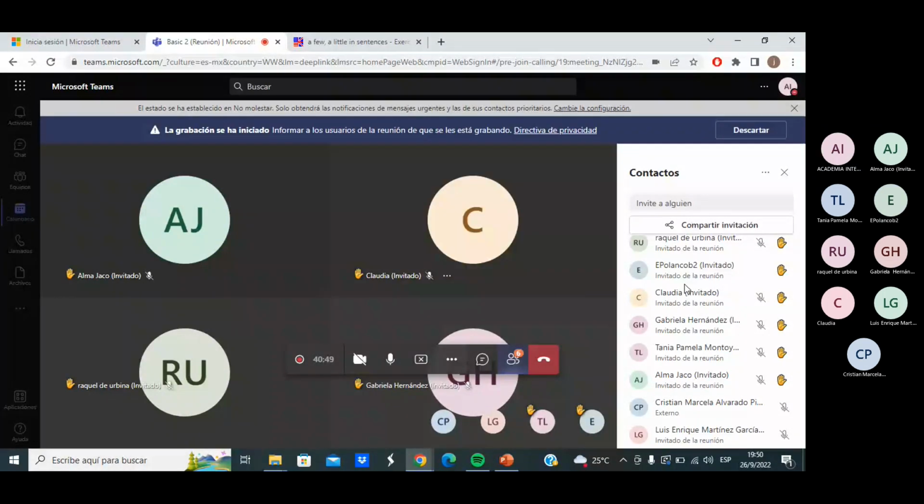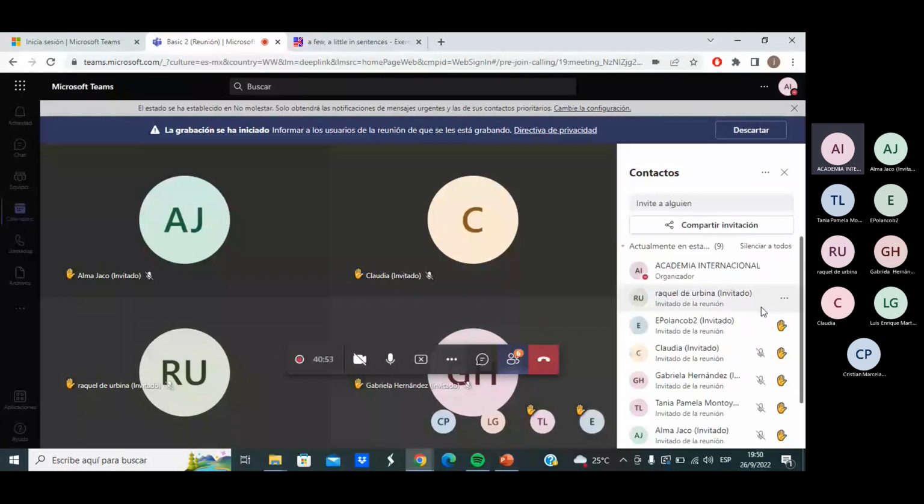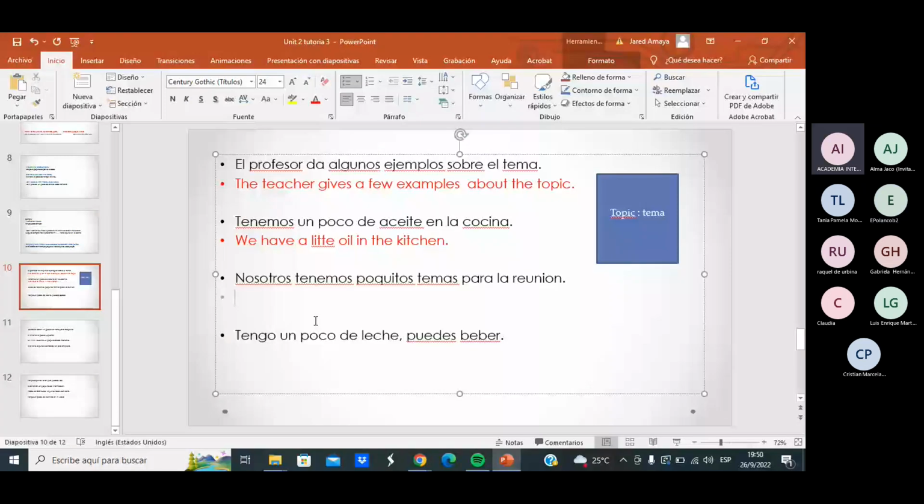Bien, Alma and Claudia already participated. I don't know if Polanco would like to try? Okay, number 3.